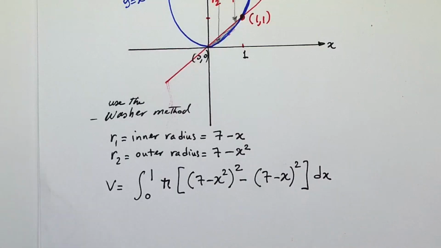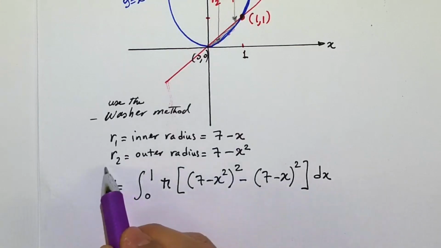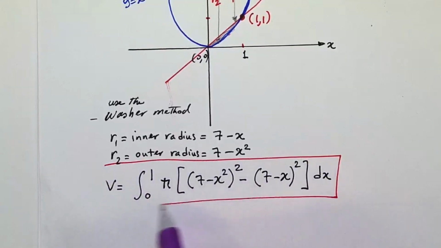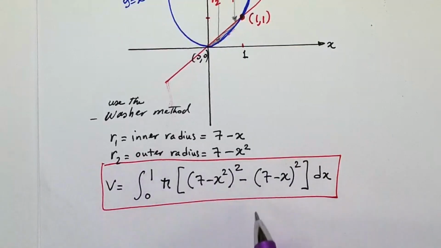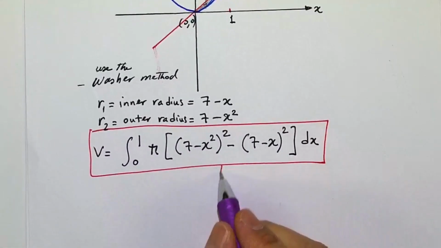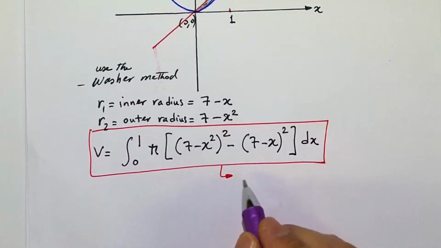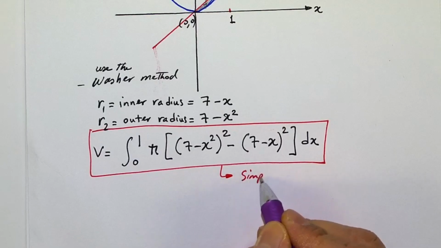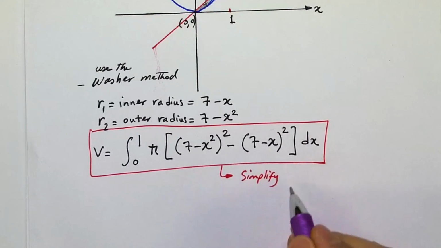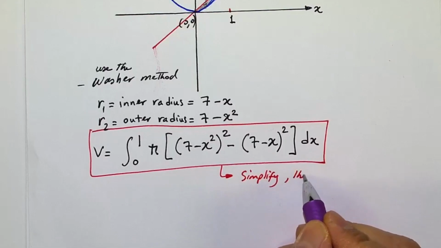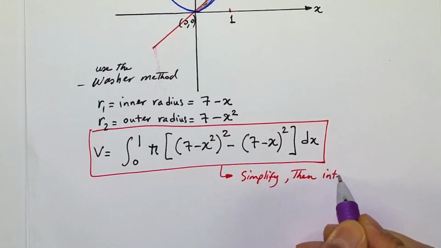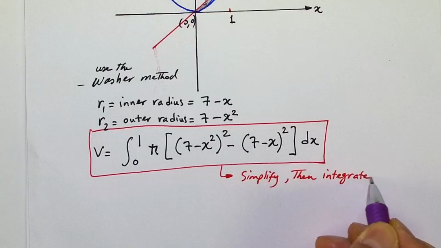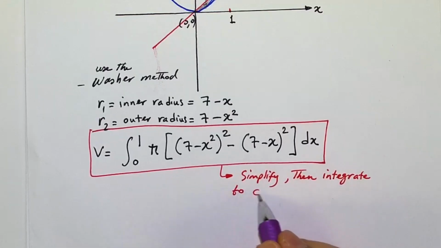Both of these expressions are pretty easy to expand and simplify. These are just binomials squared, and we just want to know how to set these up at this point. After that, we can simplify the integrand, then integrate to calculate the volume.